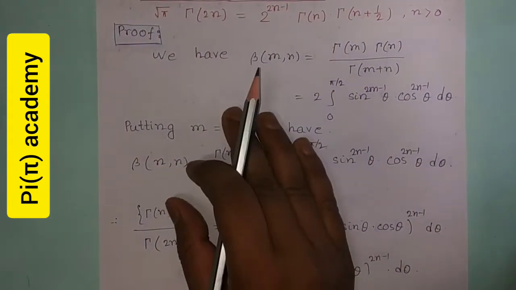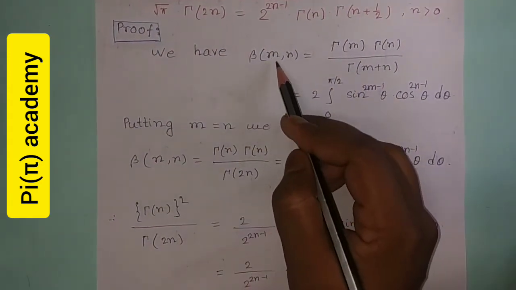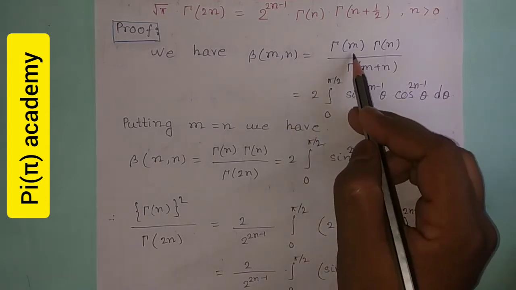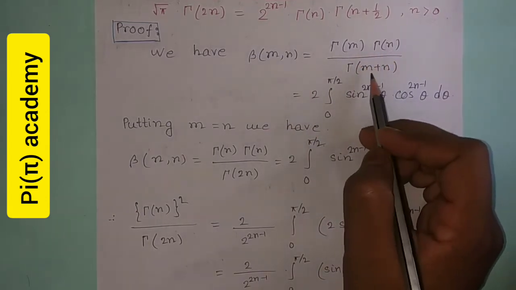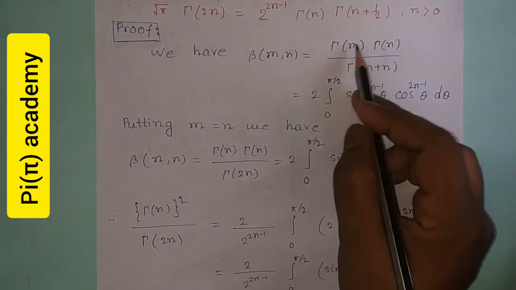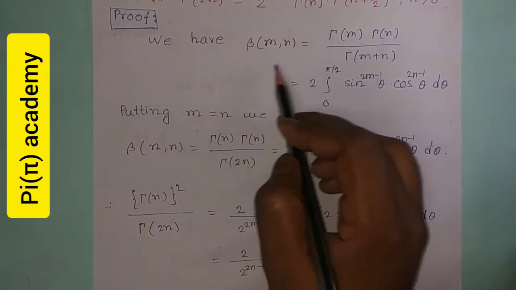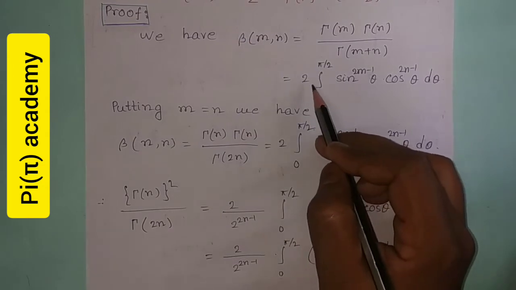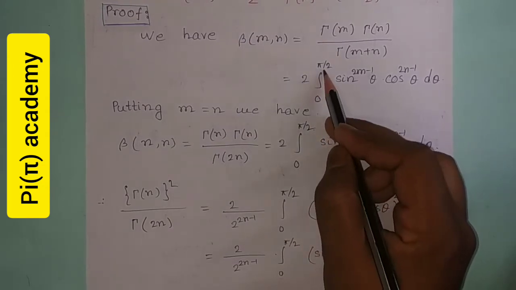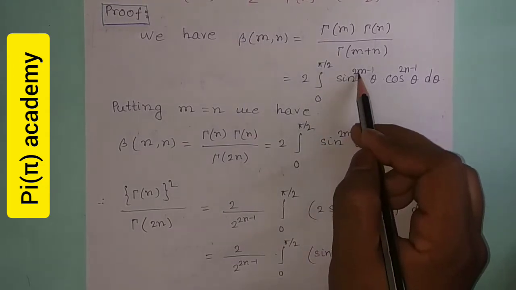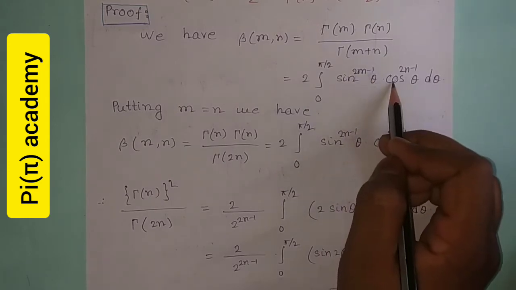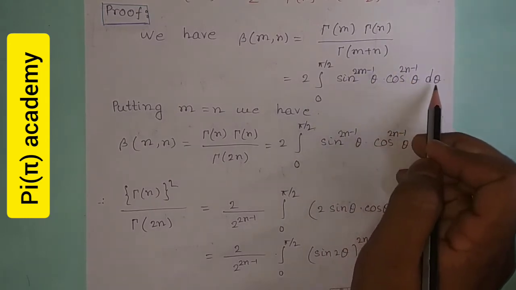Proof. We have the formula beta m comma n equal to gamma m into gamma n divided by gamma m plus n. We proved this in the last video. And this is also the formula of beta m, n equal to 2 into integral 0 to pi by 2 sine to the power 2m minus 1 theta into cos to the power 2n minus 1 theta d theta.